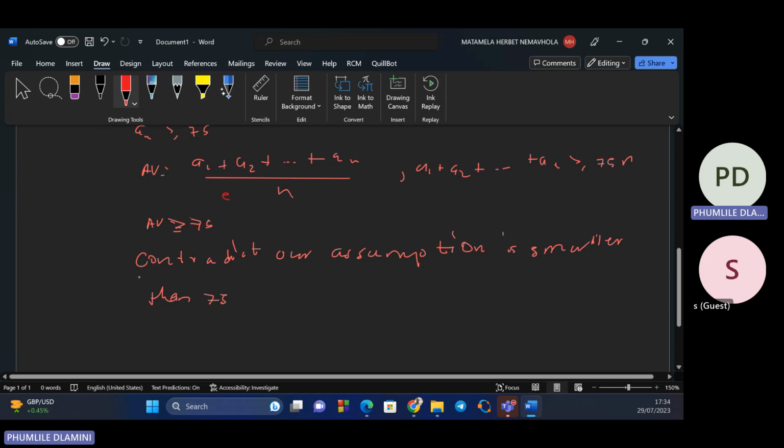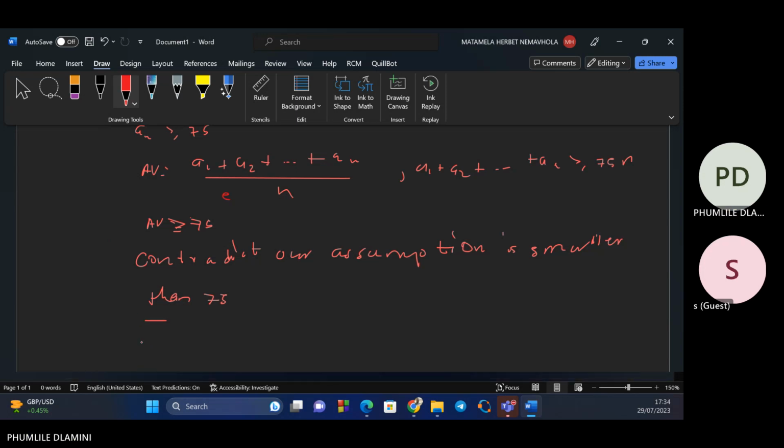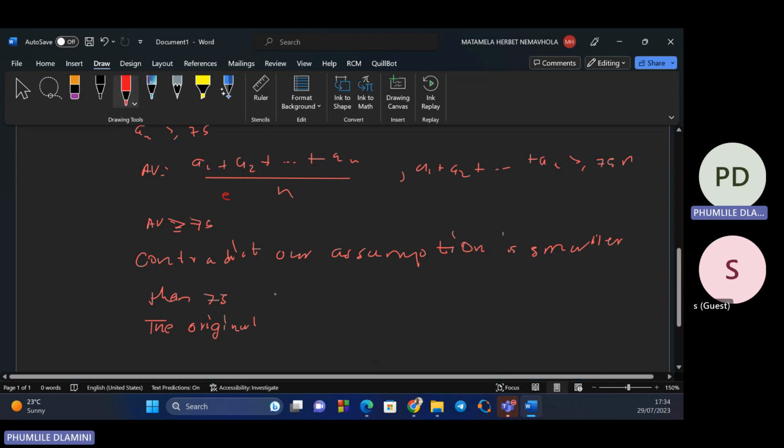Therefore, since this leads us to a contradiction, then the original statement is true. The original statement is the one which they give us in the question paper.